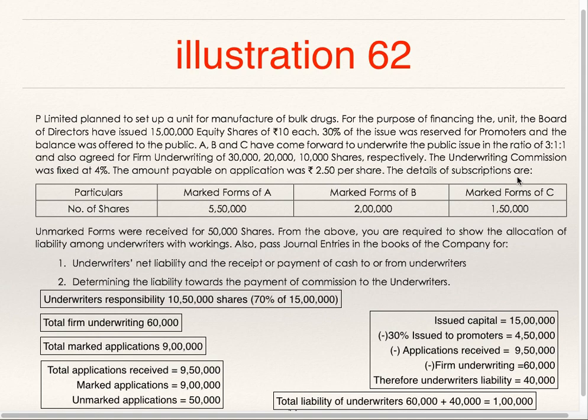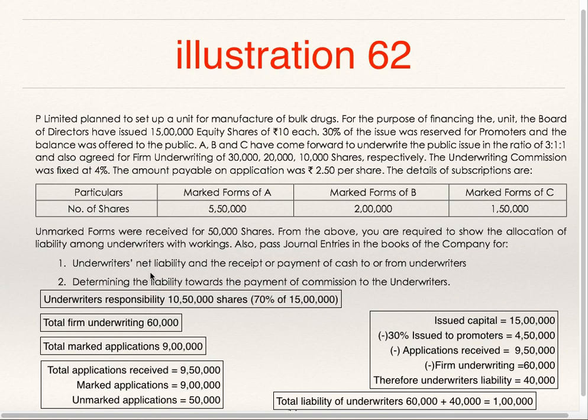The details of subscription are marked forms of A, marked forms of B, marked forms of C. If you add these, you get total marked applications, which are 9 lakhs. Unmarked forms are 50,000 shares. So total applications received are 9,50,000, because marked applications are 9 lakh and unmarked applications are 50,000.